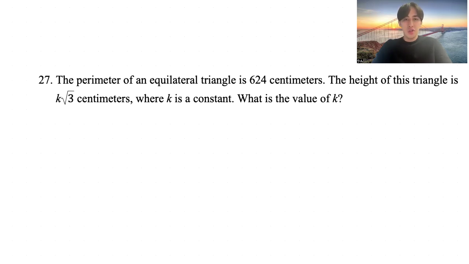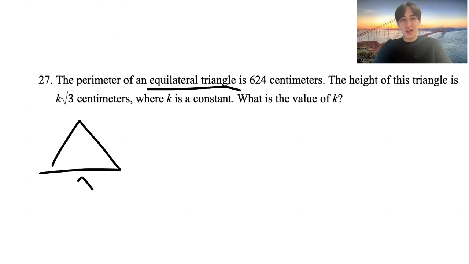The first thing we can do is identify what an equilateral triangle is. An equilateral triangle is a triangle that has the same length on every side. So we can represent the length of one side as just x.